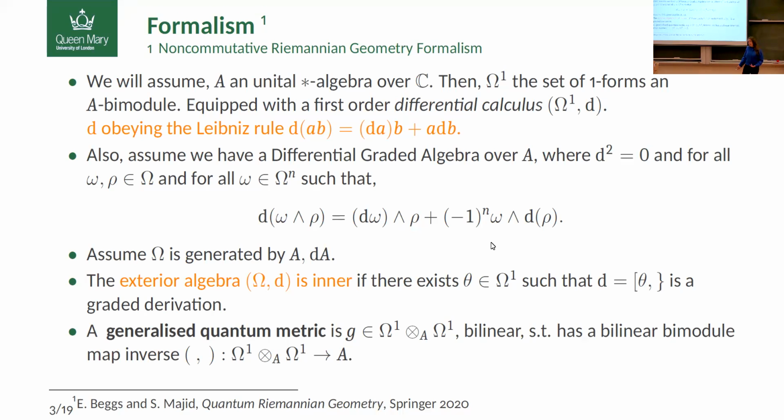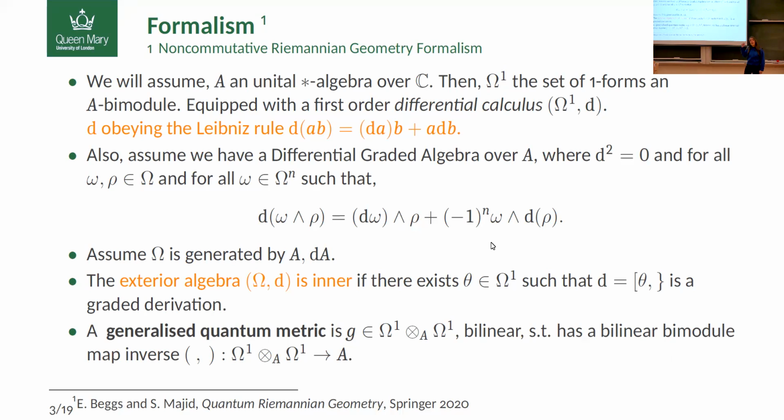Then, because I want to recover quantum Riemannian geometry, the next thing that I'm going to want is to have a metric involved here. Now, not any metric per se. I want to have a specific definition for this, and I'm going to call it the generalized quantum metric.